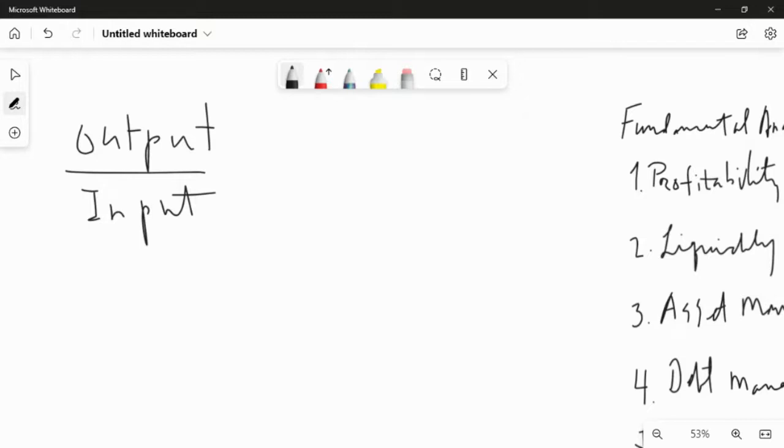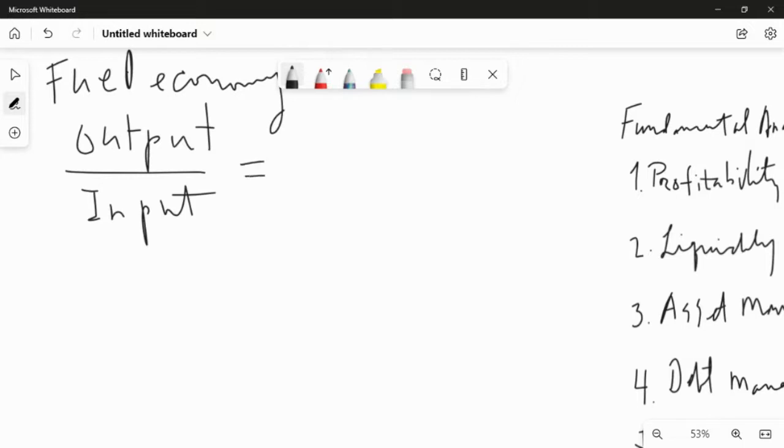How do you measure productivity or efficiency? Everyone understands what fuel efficiency is, right? Or fuel economy. Fuel economy is exactly an output to input ratio, isn't it?